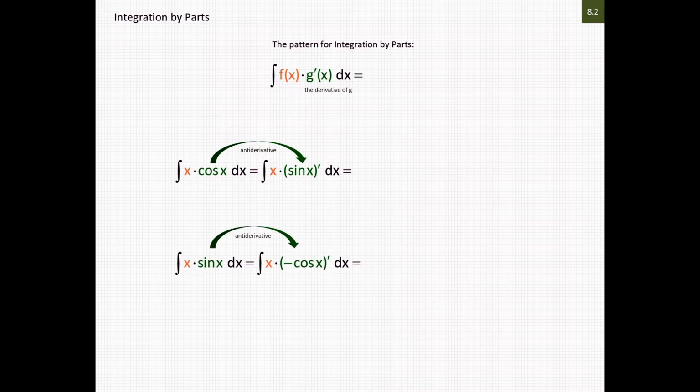If the integrand is x times sine of x, I'll express it as a product that follows the integration by parts pattern. We know the antiderivative of sine x is minus cosine x. I write the integrand x times sine x as x times the derivative of minus cosine x.